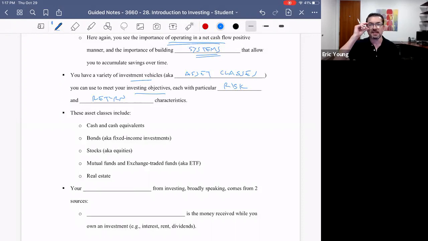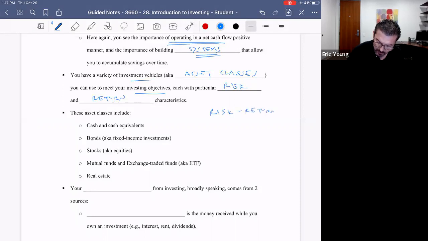And as we'll learn in detail when we talk about individual investment vehicles or asset classes, it's that risk-return trade-off that's really important in you deciding which asset class to invest in at which part of your life. It's also worth noting that there's a risk-return relationship.